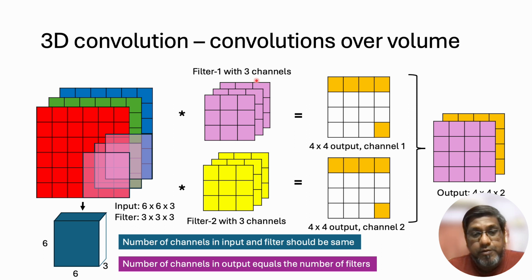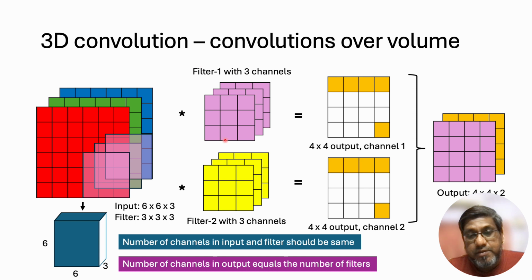We should always ensure that the number of channels in the filter matches the number of channels in the input image, and because the input has 3 channels, the filter should also have 3 channels. However, the size of the filter need not be the same as the size of the input image. The input image here is 6 by 6 with 3 channels. The filter size is 3 by 3, also with 3 channels.